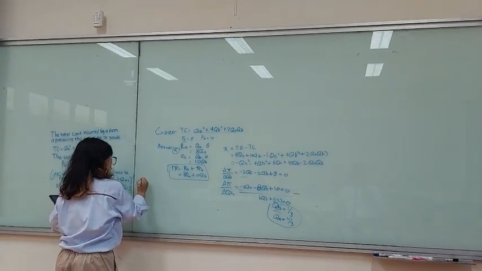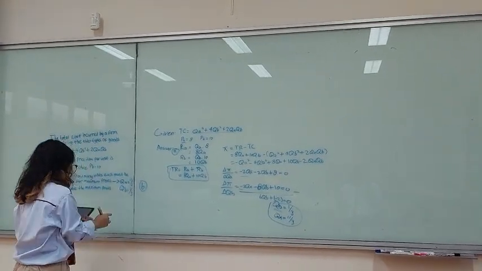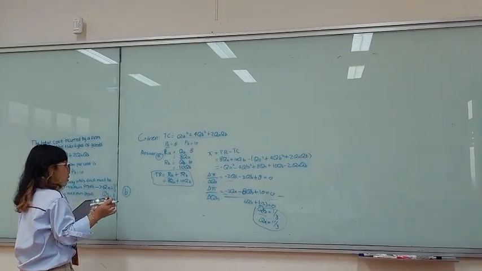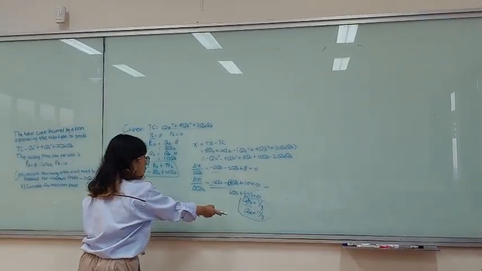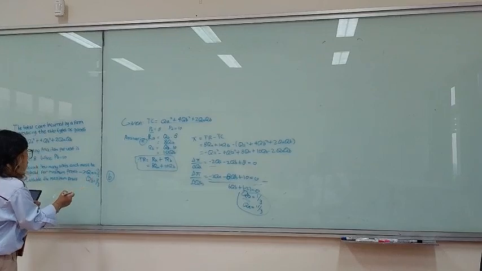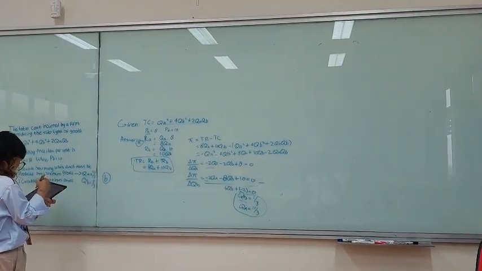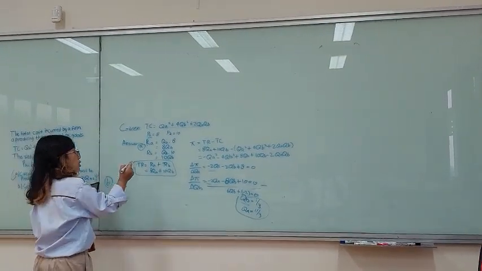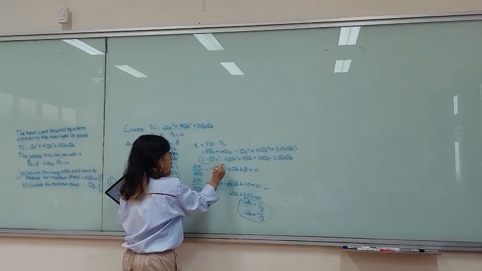And for B, the question for B, we must substitute QA and QB into this equation.